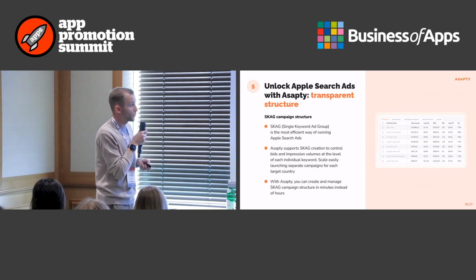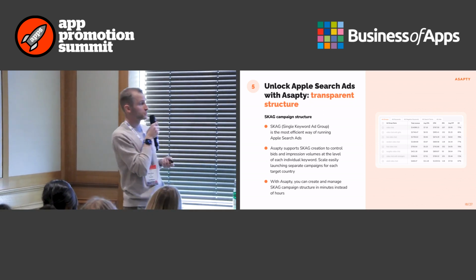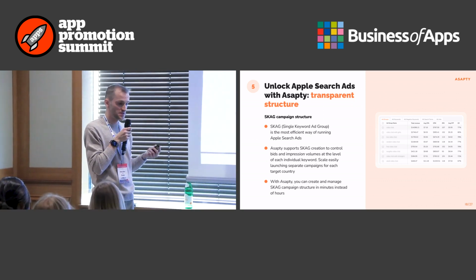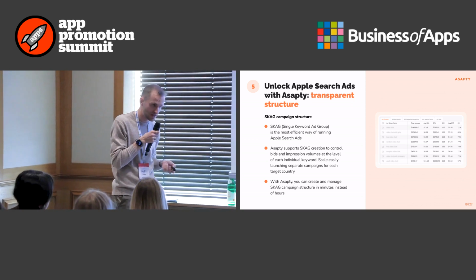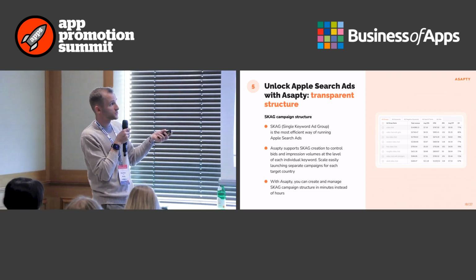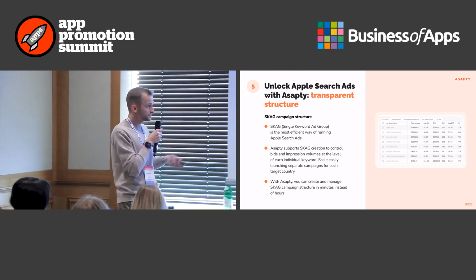But instead of this, we are using our single keyword ad group campaign structure. For example, you have 50 keywords. We will create 50 ad groups, and each ad group will have its own keyword.